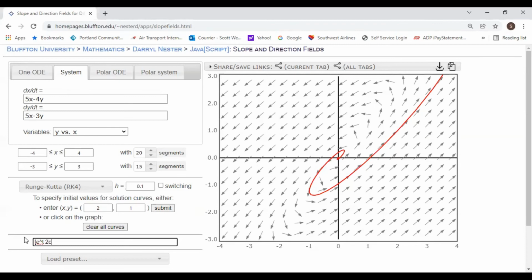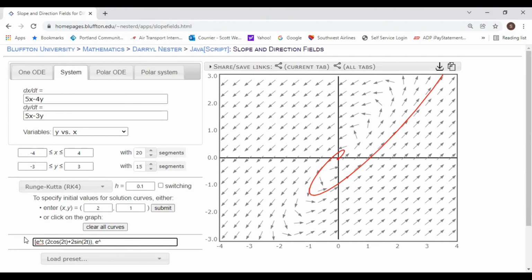I'm just going to do e to the t times, in parentheses, 2 cosine 2t plus 2 sine 2t, end the parentheses, and then comma, and you put in the next one.